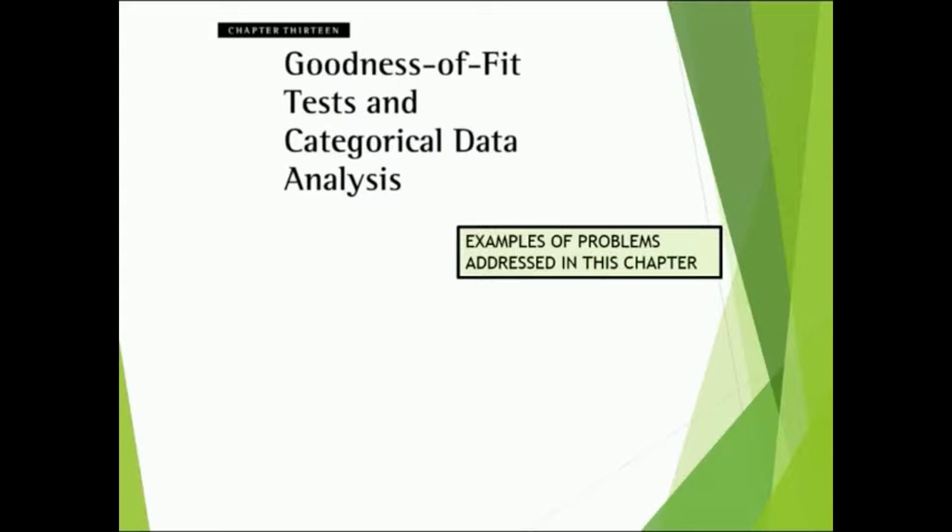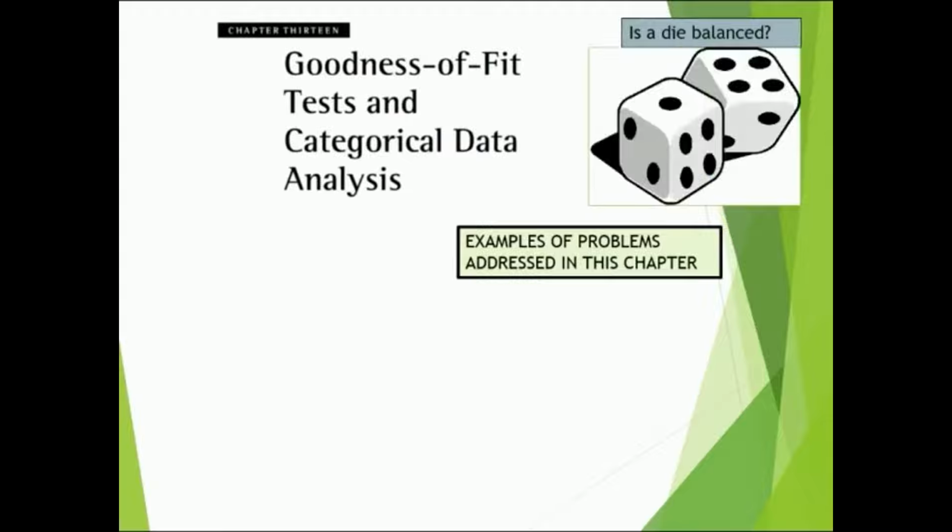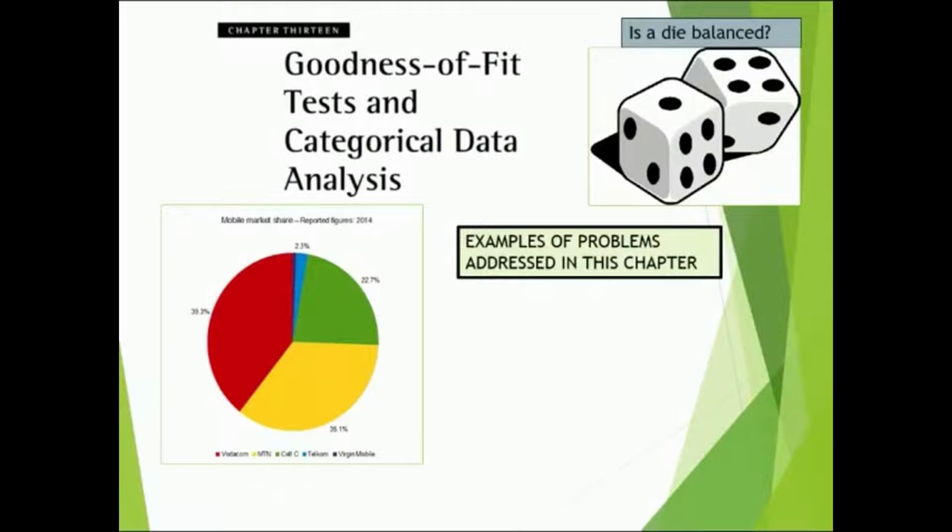Some examples of problems that will be addressed in this chapter are the following. Is a die balanced? Or is the mobile market share in 2016 the same as in 2014, or in 2017 the same as in 2014? Is there a relation between gender and occurrence of accidents?